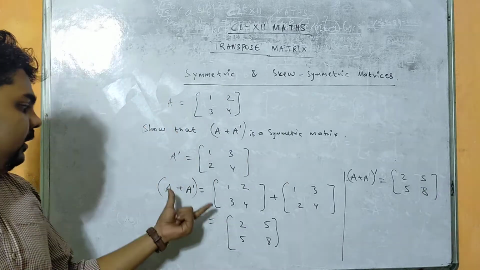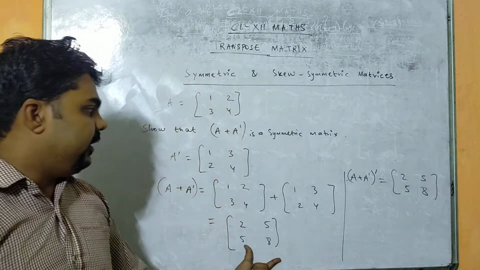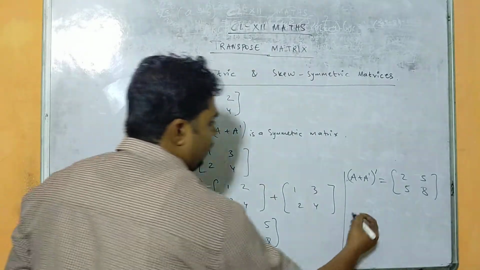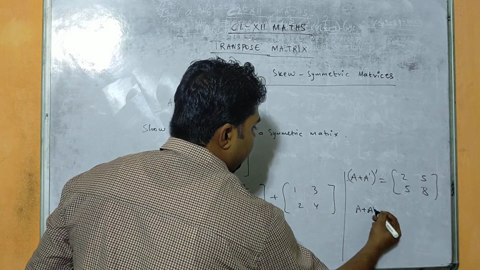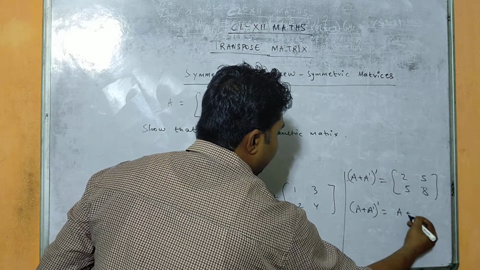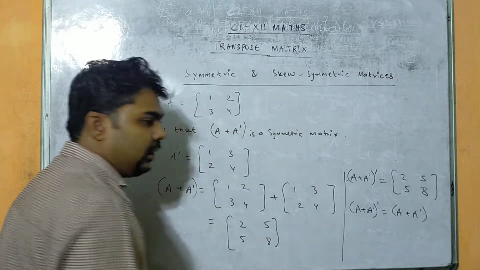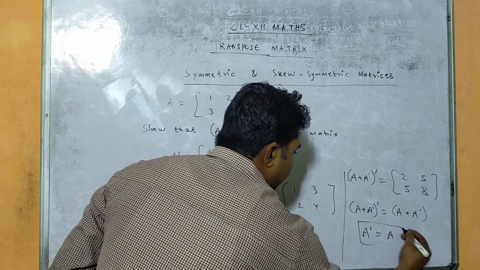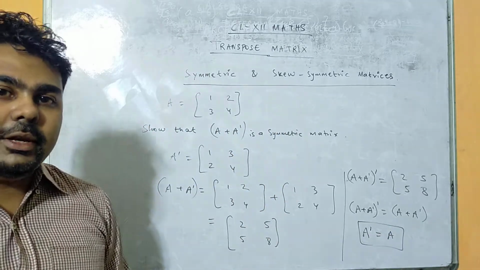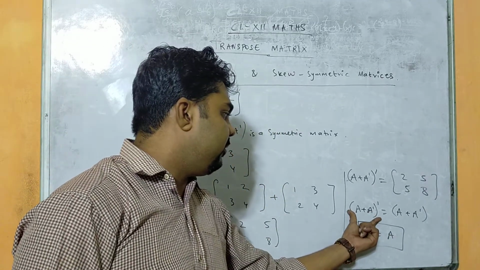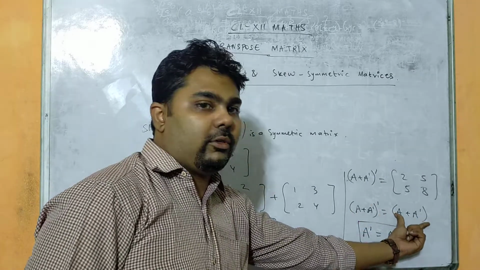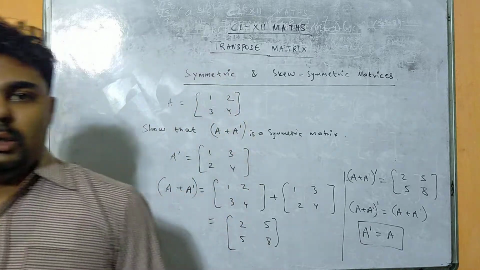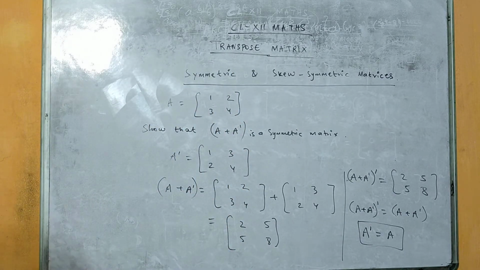So as we are getting the same elements here, we can say that this given matrix is a symmetric matrix, or A plus A transpose whole transpose equals A plus A transpose. The same way as I have told, if A transpose equals A, then it is a symmetric matrix. So therefore it is a symmetric matrix.